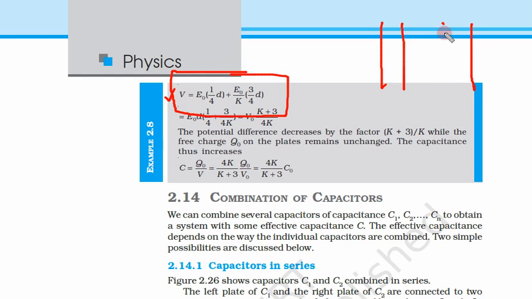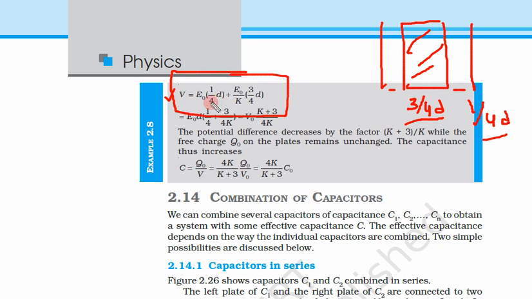The dielectric is placed and it is not taking the full space. So it is taking 3 by 4 D and 1 by 4 D. 1 by 4 D is still in the vacuum. 3 by 4 D is filled by this dielectric material.